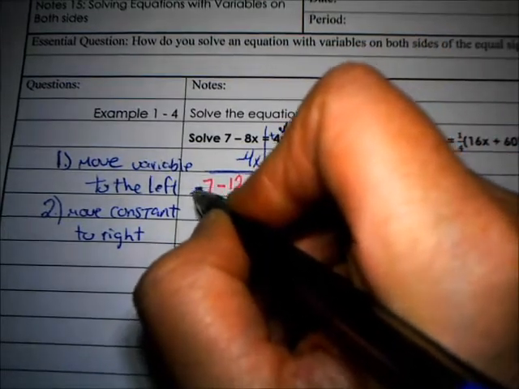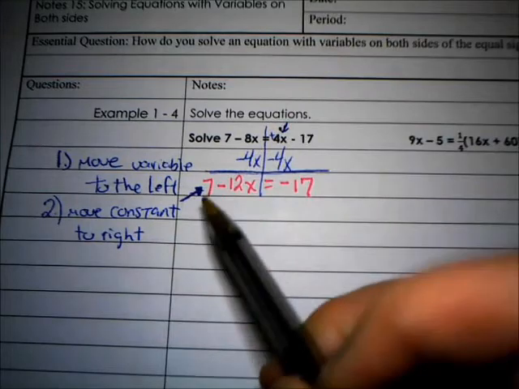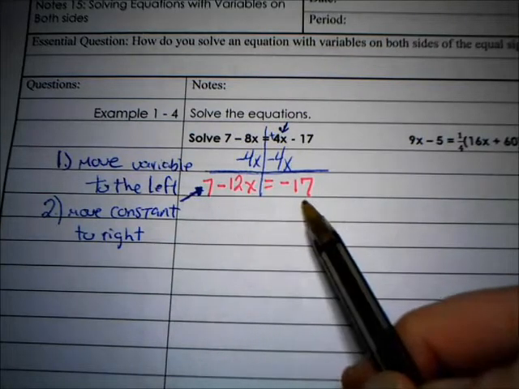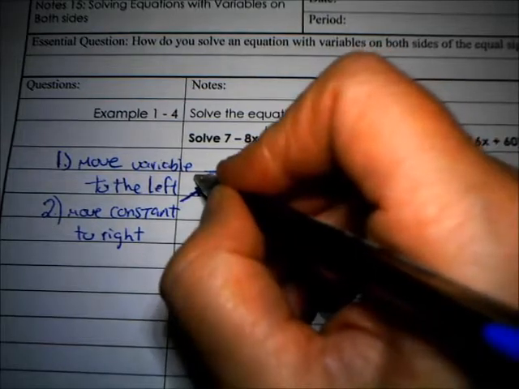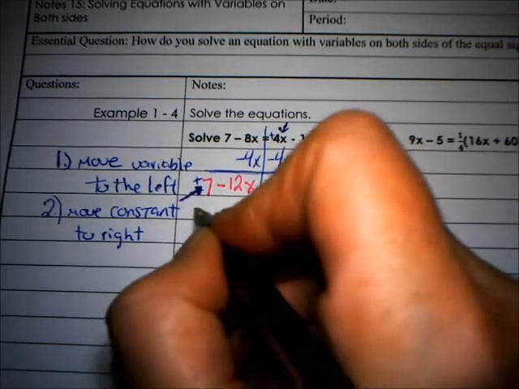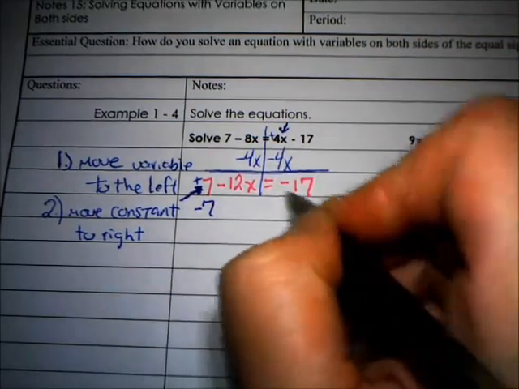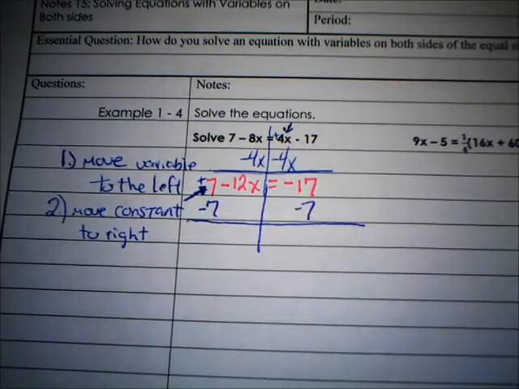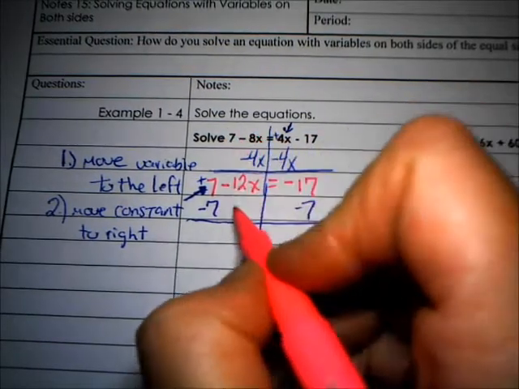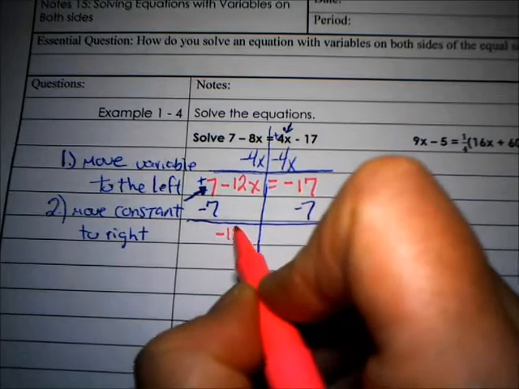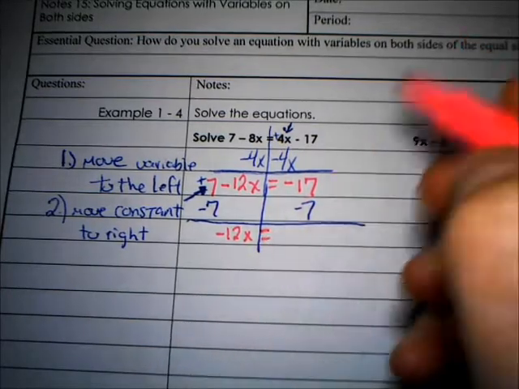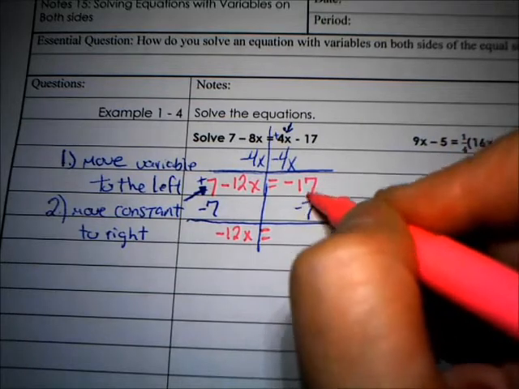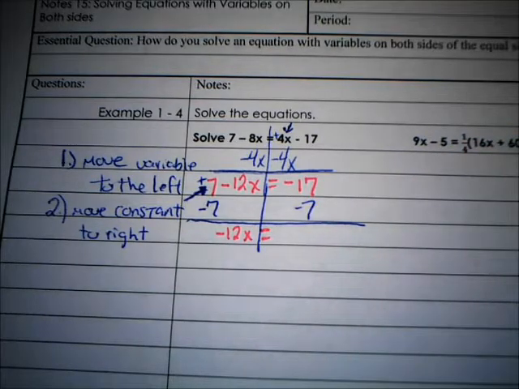The 7 is a positive 7, so when I move it, it changes to a negative 7. When I bring it down, I have a negative 12x on the left side equals, and then I need to combine negative 17 and a negative 7. I'll put that in my calculator to make sure I don't mess up my numbers. That gives me negative 24.